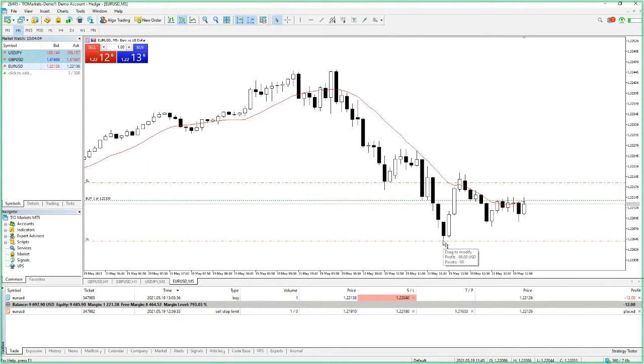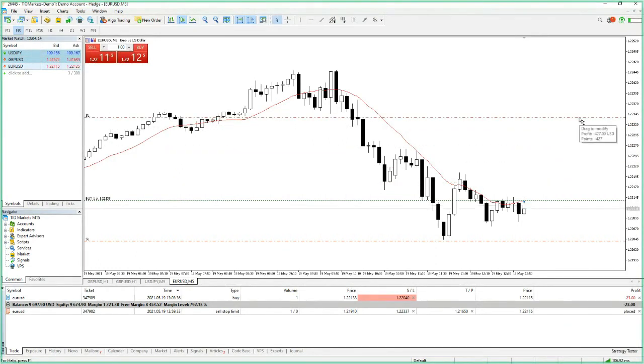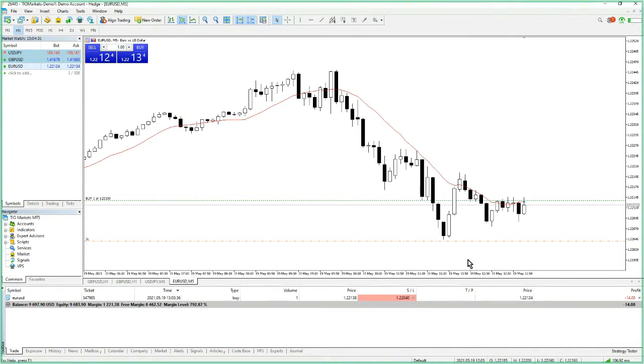And then we go and have the target up there. Sorry, let's take that out. I'm going to take the sell stop limit out too. Okay, so now we only have this one order here. We are long on Euro USD, and we have the stop in, and we want to have the limit order to take profits.